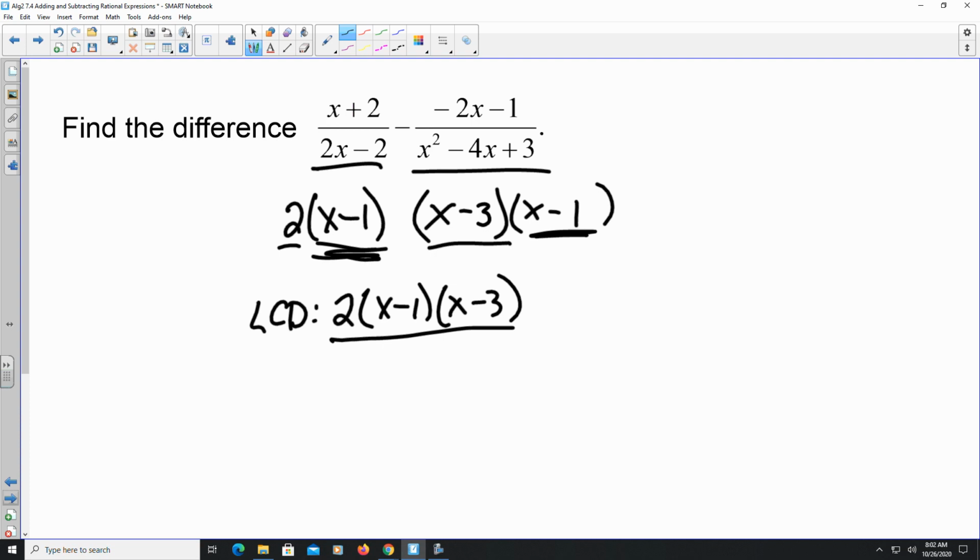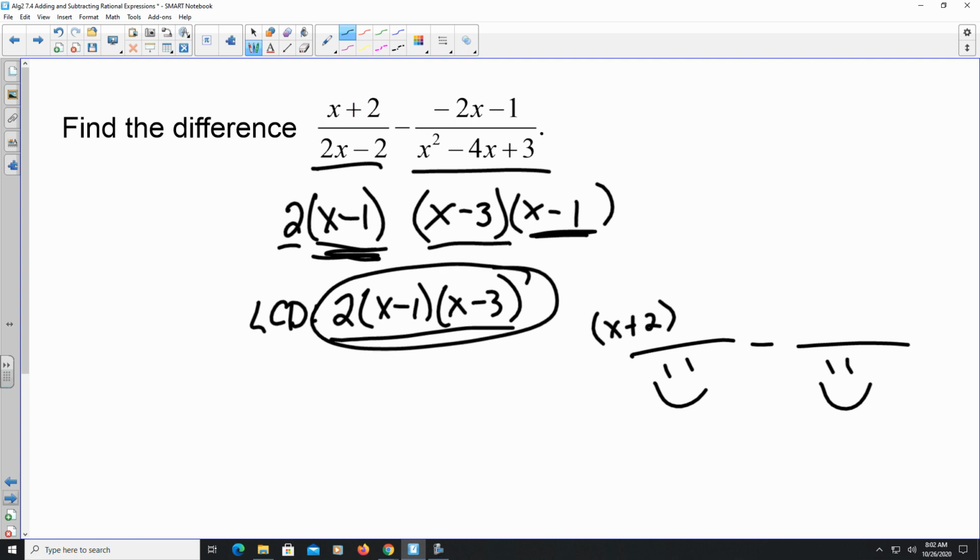So looking at this fraction here, which is subtraction, it's going to be all divided by the LCD, which I put smiley faces, so I'm not rewriting that all the time. Looking at the top, I got x plus 2 in the first numerator. So now what I have to take a look at with this scenario is what did I additionally multiply to get there? So 2, I'm good. X minus 1, I'm good.